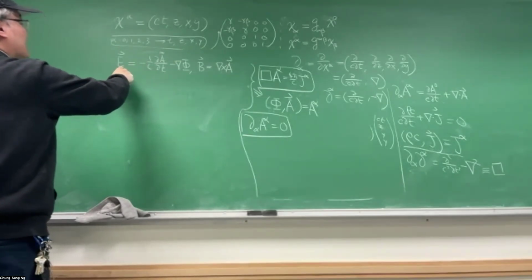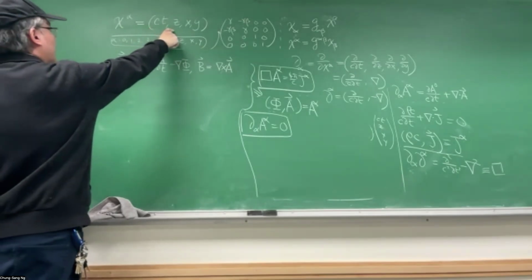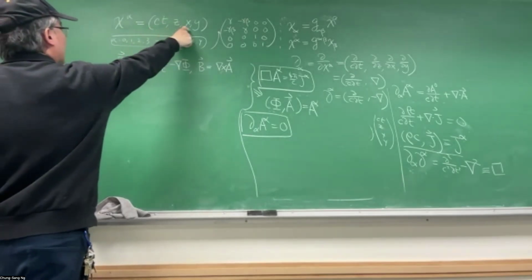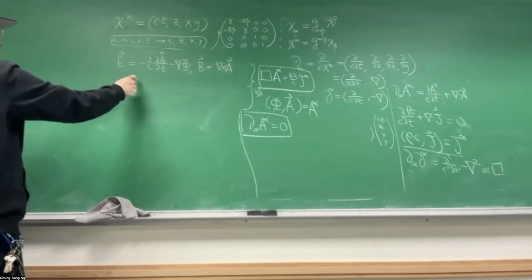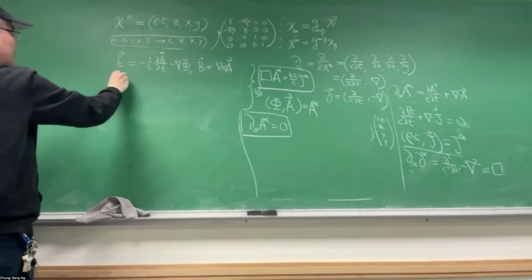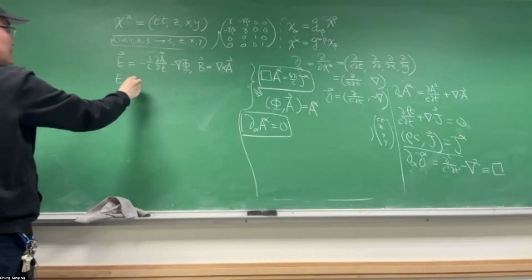Like consider this. You have this electric field. You have the X, Y, Z components. Like consider one at a time. So like E sub Z, right?